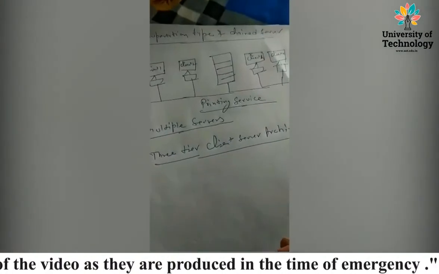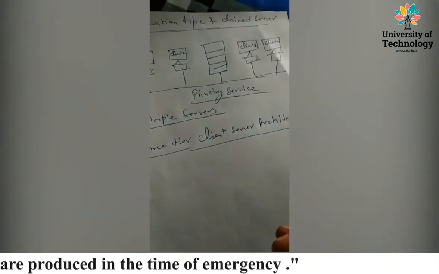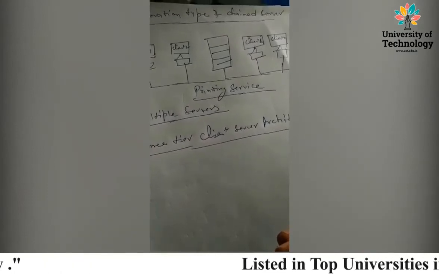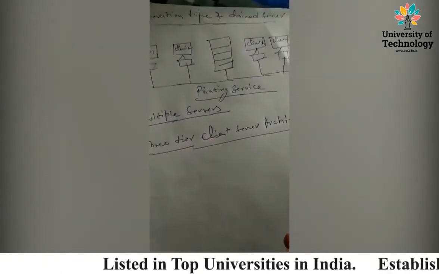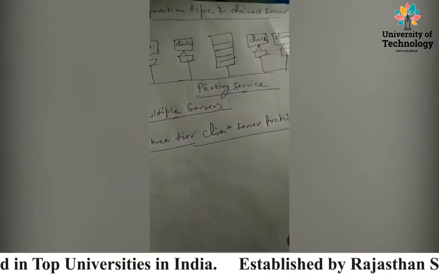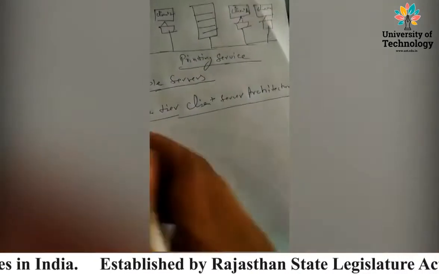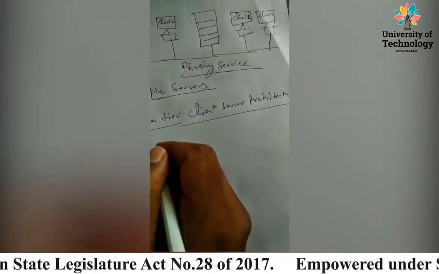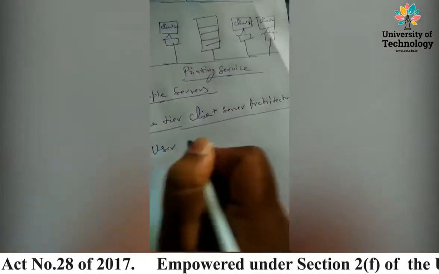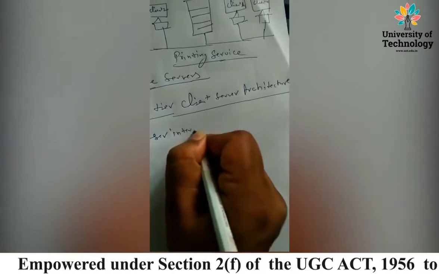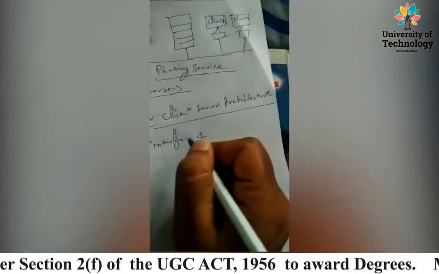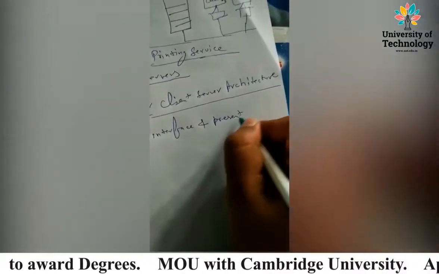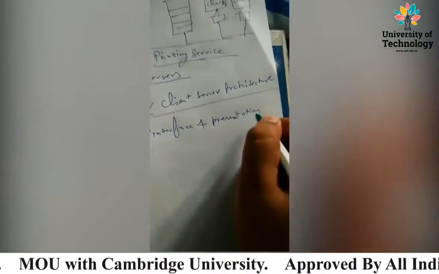The three-tier client-server architecture is the extended client-server model, adding a middle tier to support the application logic and common services. This architecture has the following three types of components: A, user interface and presentation processing; B, computational function processing; and C, data access processing.